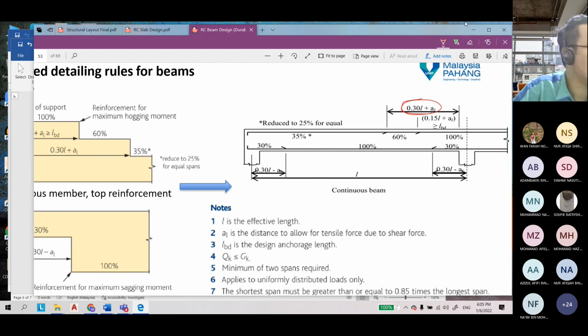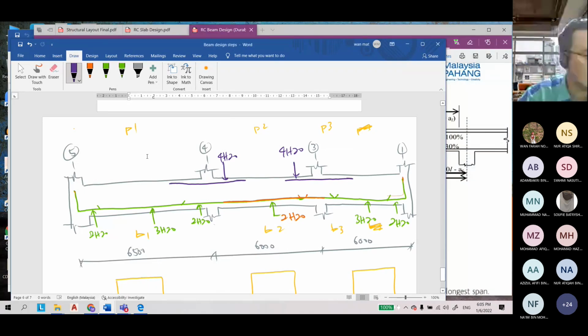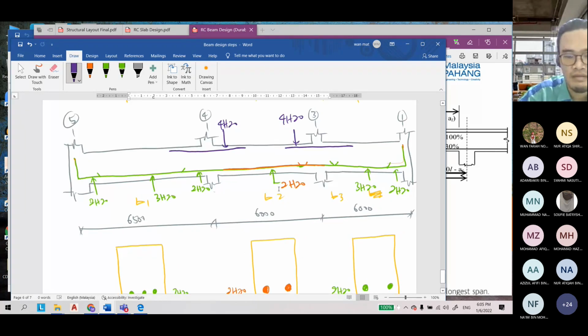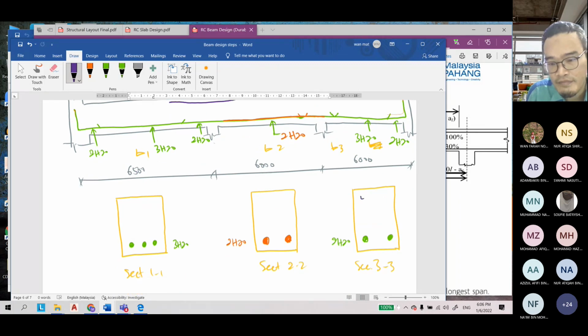Okay, and then 4H20, 4H20. 4H20 je okay. So section 33 lah kan. Section 33 ada 4H20. So this one. 1, 2, 3 and 4. So this is 4H20.